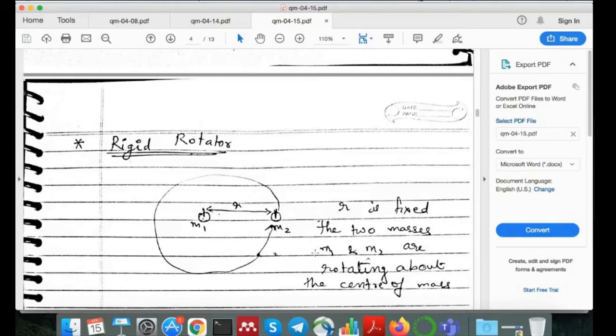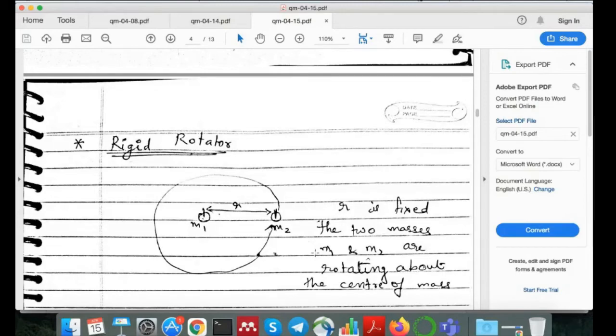This rigid rotator is basically a model for a diatomic molecule. If you take a diatomic molecule with one atom of mass m1 and another of mass m2, and you want to look at its rotational aspect, then this is the problem you look at. Basically, the rigid rotator is an embodiment of the rotational property of the diatomic molecule.